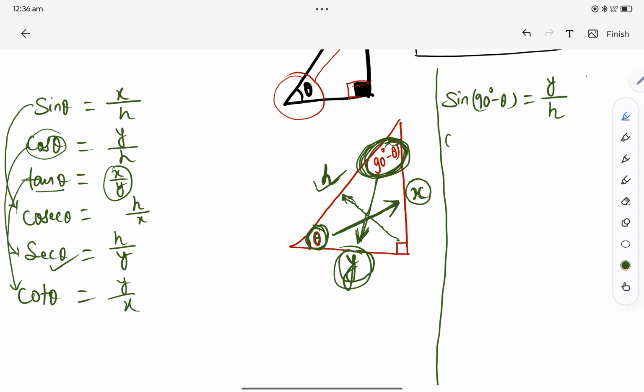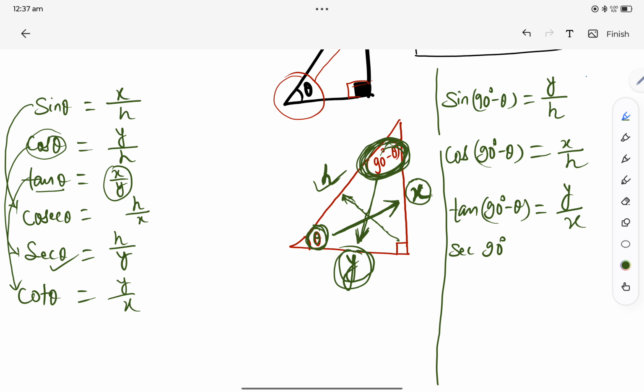Similarly, we can define cos 90 degrees minus theta, and cos 90 degrees minus theta will be, now this is the adjacent, so x, and the hypotenuse is h. Similarly, we can define tan 90 degrees minus theta. For this angle, perpendicular is y and base is x.